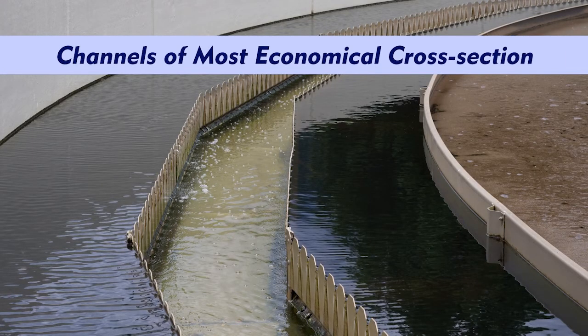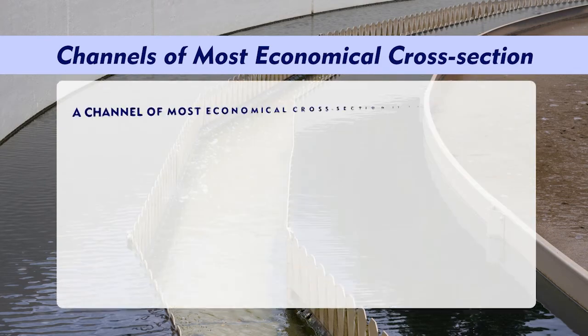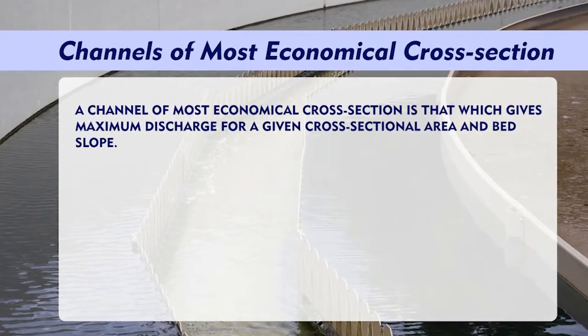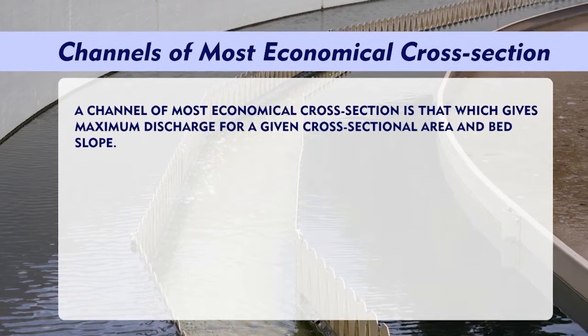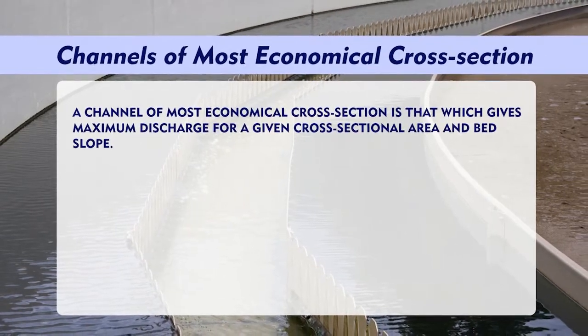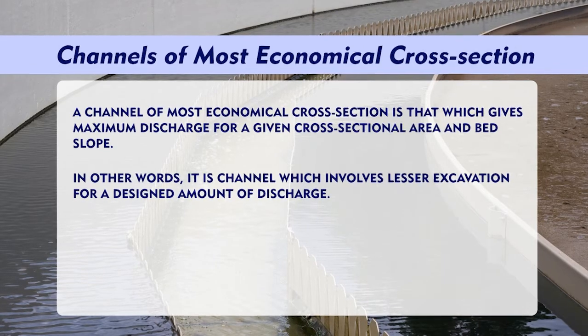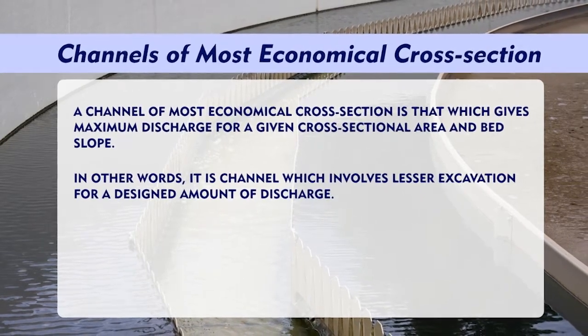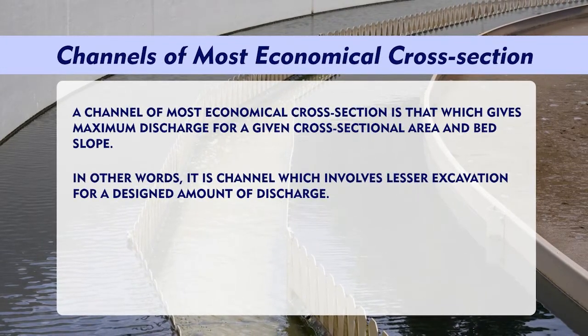Channels of most economical cross section. A channel of most economical cross section is that which gives maximum discharge for a given cross sectional area and bed slope. In other words, it is the channel which involves lesser excavation for a design amount of discharge.